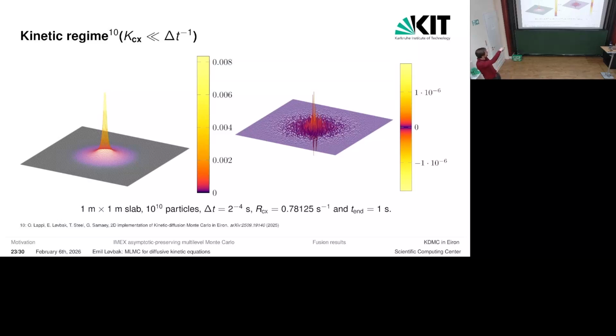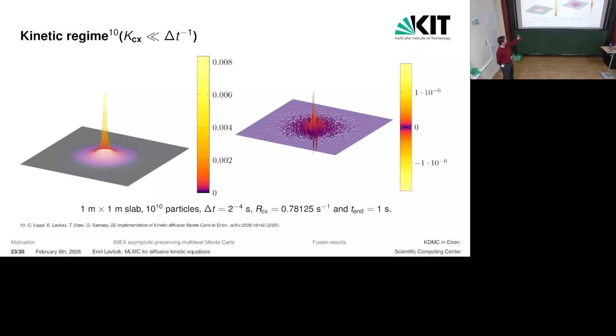We start the particles in the middle of this 2D domain, and we do a histogram at a certain point in time. I haven't plotted the reference solution, but just the difference, and you see that you have 2 to 3 digits of accuracy in the computed solution, at the cost of about 10 billion particles, just to put that into perspective.